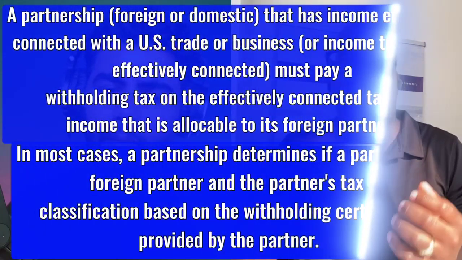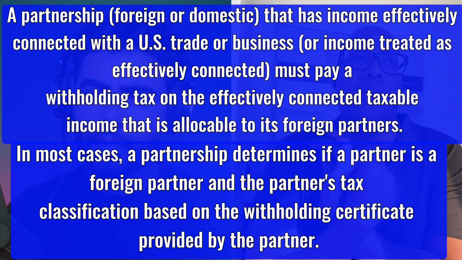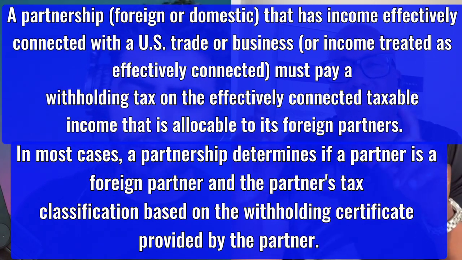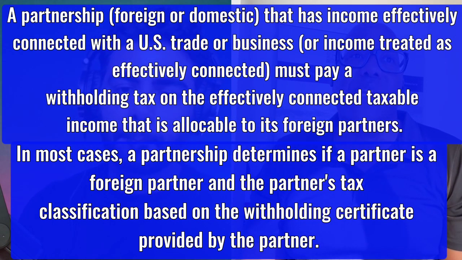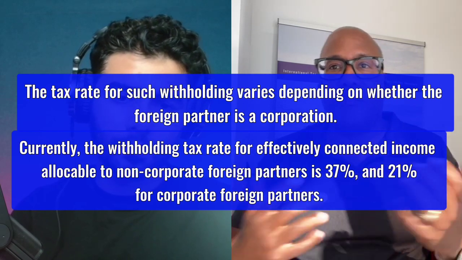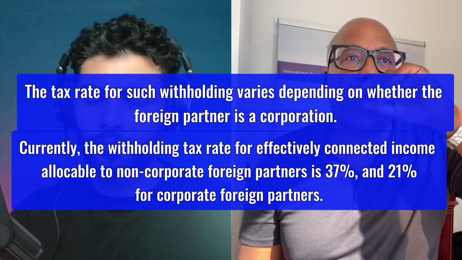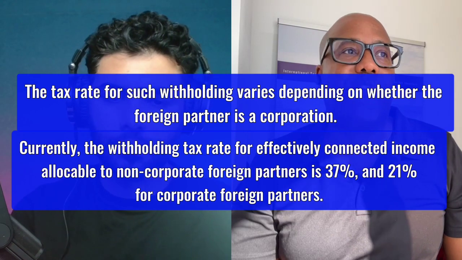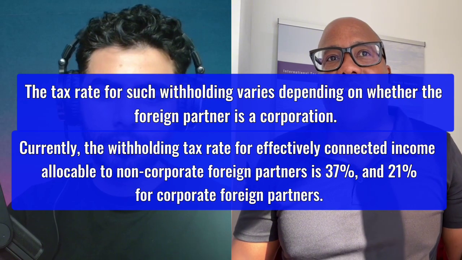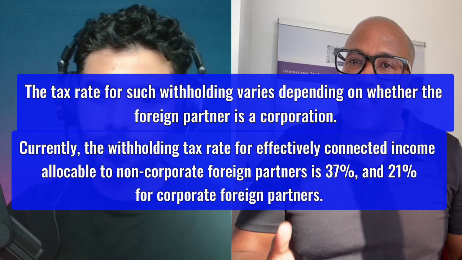Typically, if you have FDAP income, so that is, again, you are earning or deriving revenue in terms of dividends, interest, royalties, basically some sort of passive income, all you may need to do is file a W-8 form, a W-8BEN or W-8BEN-E, depending on your structure and your situation, with whoever the withholding agent is. So, for example, if you've invested on a securities platform, you can fill in the W-8BEN, you submit that, and that's it.